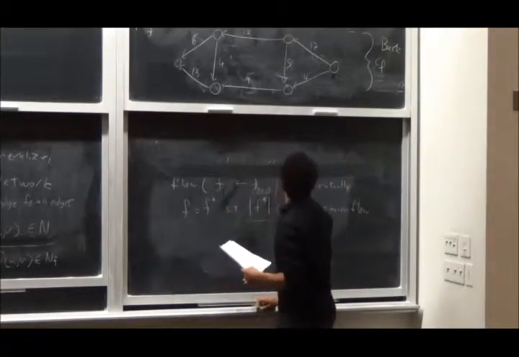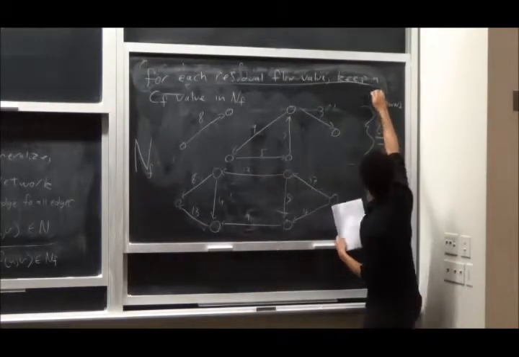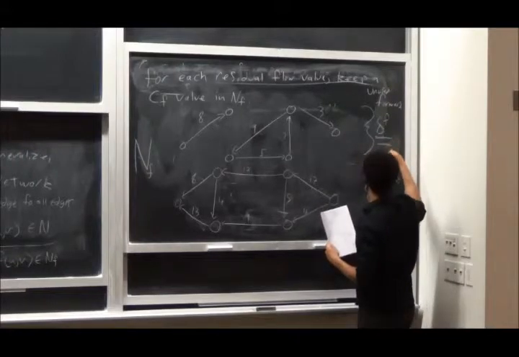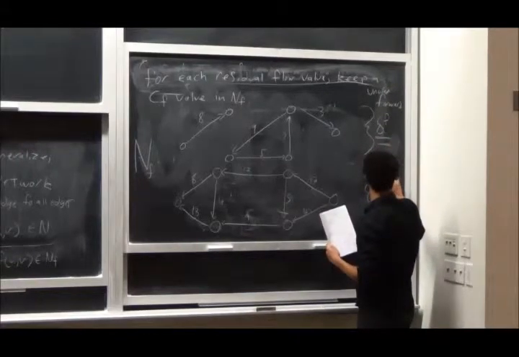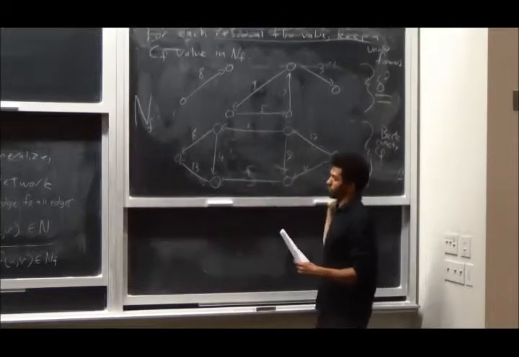So that's our unused forward capacity, and this is our back capacity. It's how much we can go backwards and how much we can go forward.